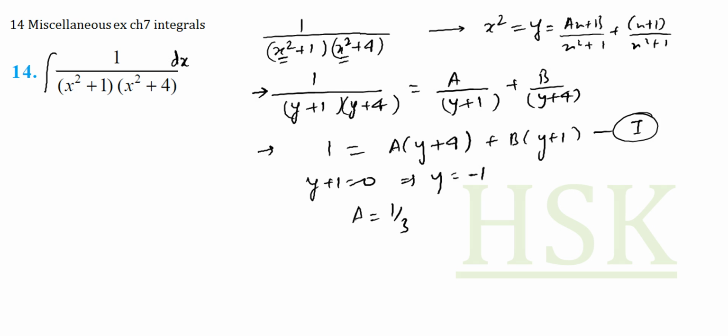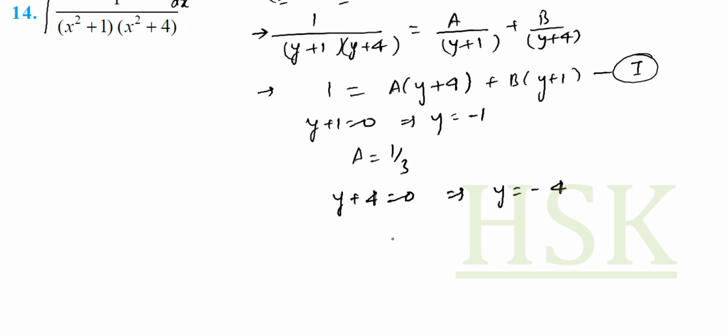And on placing y plus 4 as equal to 0, I am going to obtain y is equal to minus 4. On substituting this value in equation number 1, I am going to get b as equal to minus 1 upon 3.